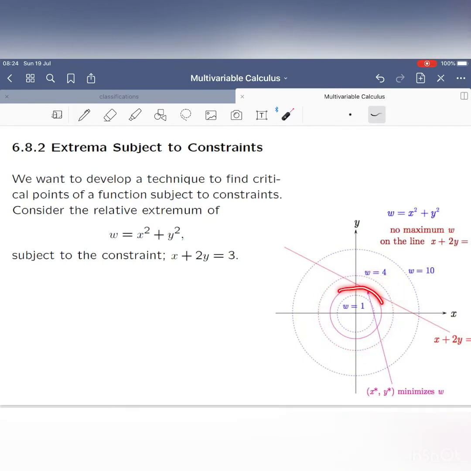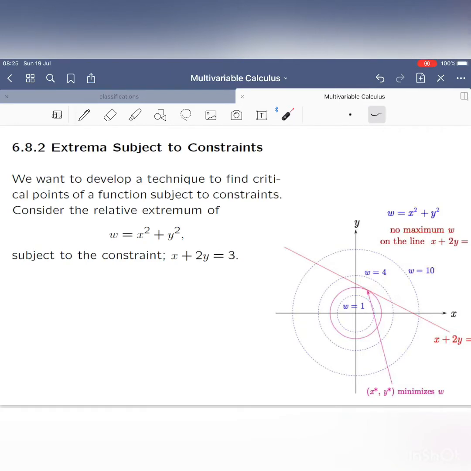But if you look at this one, you are getting only one point over there, the one point that is tangent to this circle, and it is also on this straight line. So it looks like this straight line is the tangent line of this circle, and this one is also a point that satisfies your condition as well.